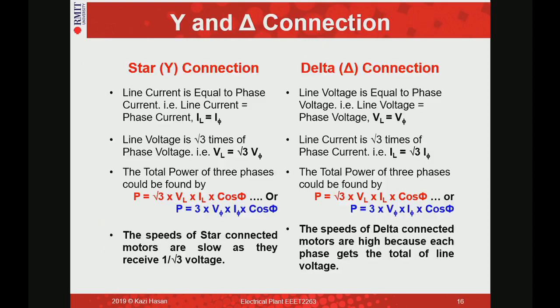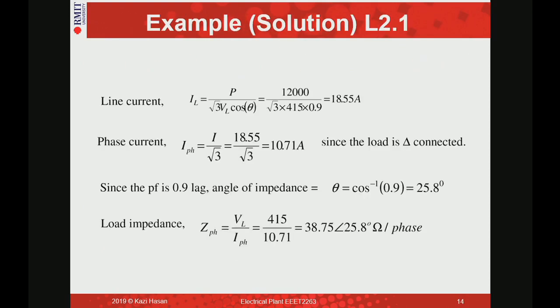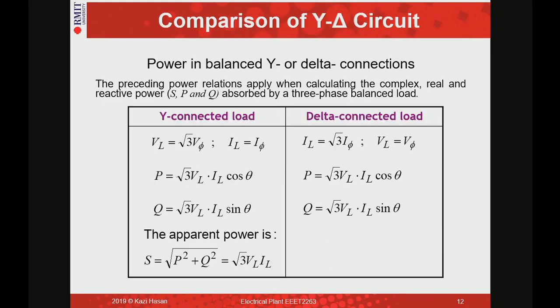Now, go to your formula or basic slide. That's why I put those slides here, so that everyone can see. It doesn't matter whether it is Y or delta, your S is just in the 2, 3 calculation: VL, IL. I thought it came from somewhere from the phases.